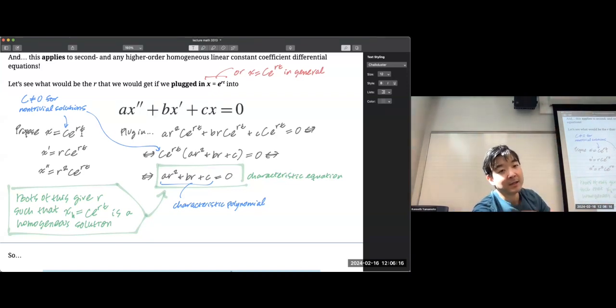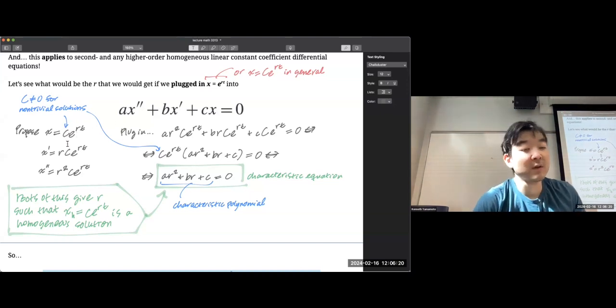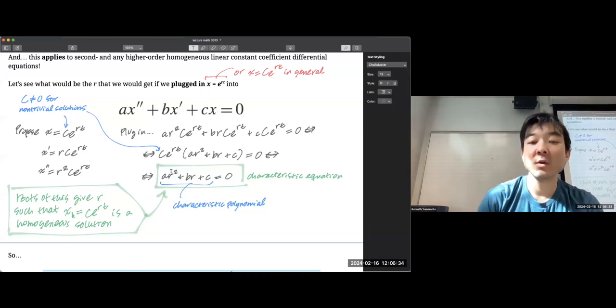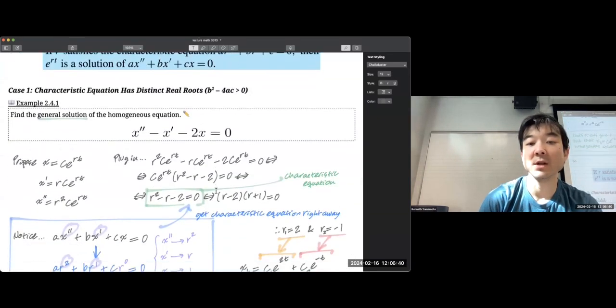And in this case, if we said c e to the rt, that's going to be fine because then the derivative of an exponential is an exponential. And so you'll have a bunch of exponential terms, and what you want to do is try to get the c and the r so that it'll end up forcing this thing to satisfy this differential equation, which results in the same as satisfying the characteristic equation, or solving the characteristic equation.